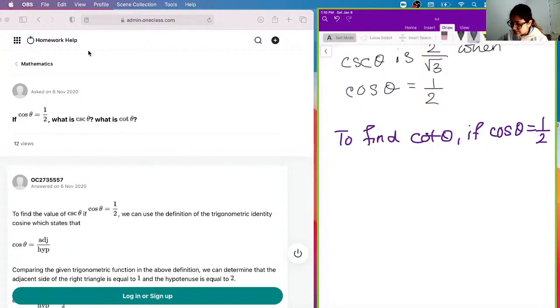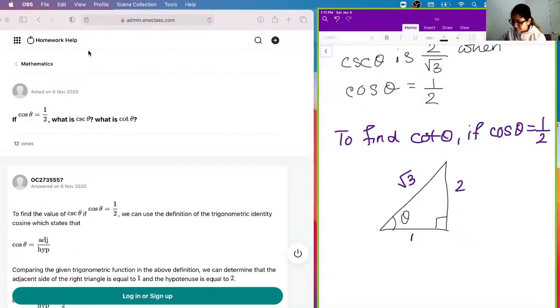So we have a right angle triangle. This is your hypotenuse, and this is our angle, theta.